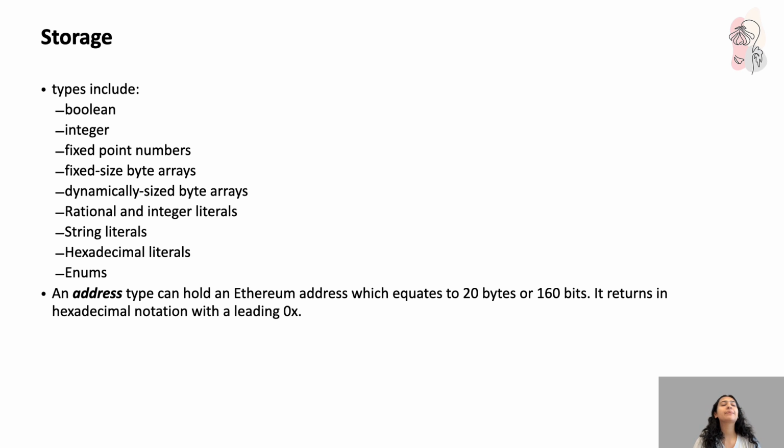In storage, your types include boolean, integer, fixed point numbers, fixed size byte arrays, dynamically sized byte arrays, rational and integer literals, string literals, hexadecimal literals, enums. So in Solidity, an address is a special data type that can hold an Ethereum address. Each Ethereum address is 20 bytes, or 160 bits.